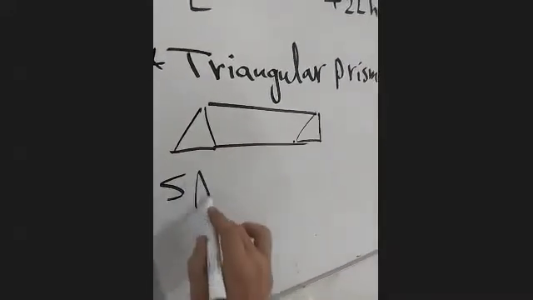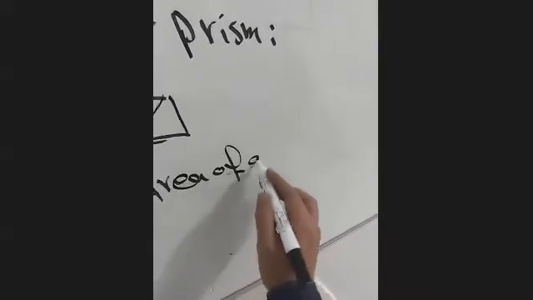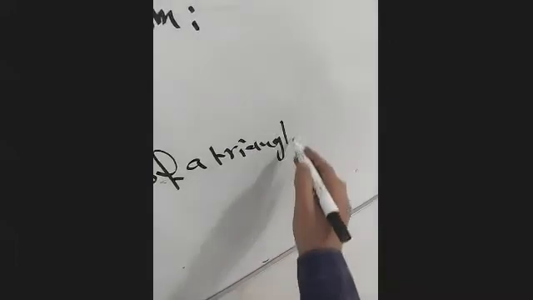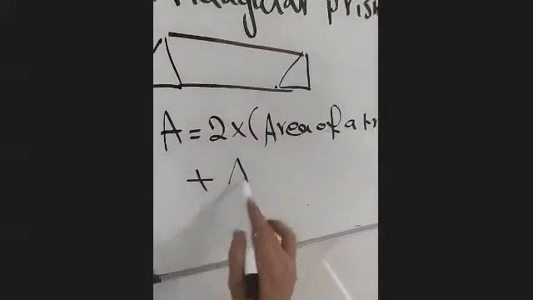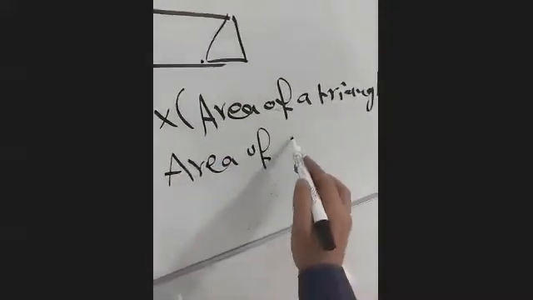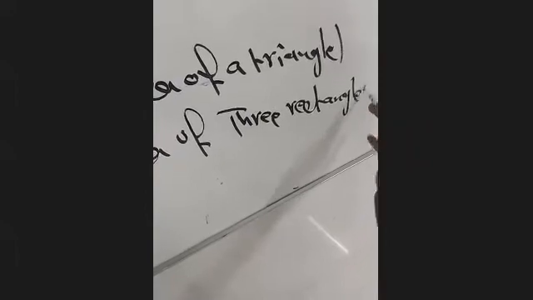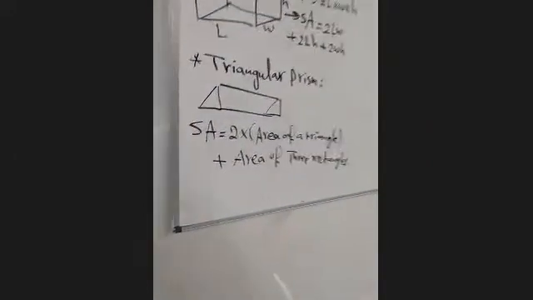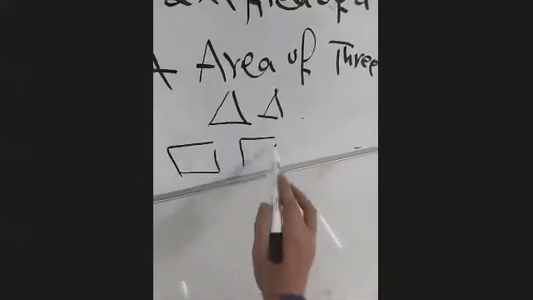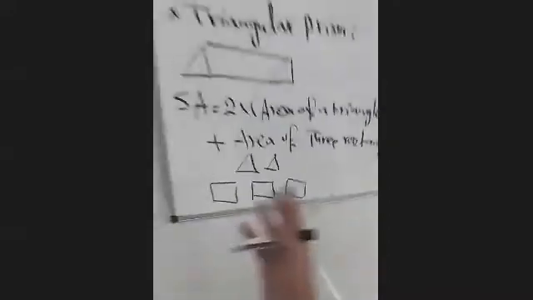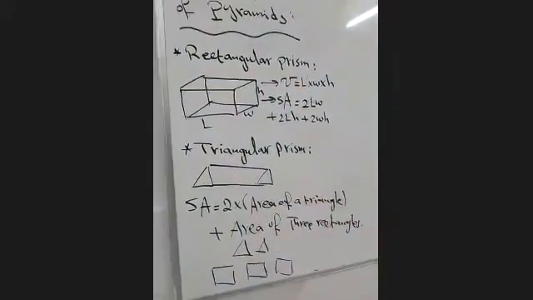We said the surface area equals two multiply area of a triangle plus area of three rectangles. And we made the net for this triangular prism by making the two triangles and the three rectangles. Then we find the area of them. This is what we took before, okay?